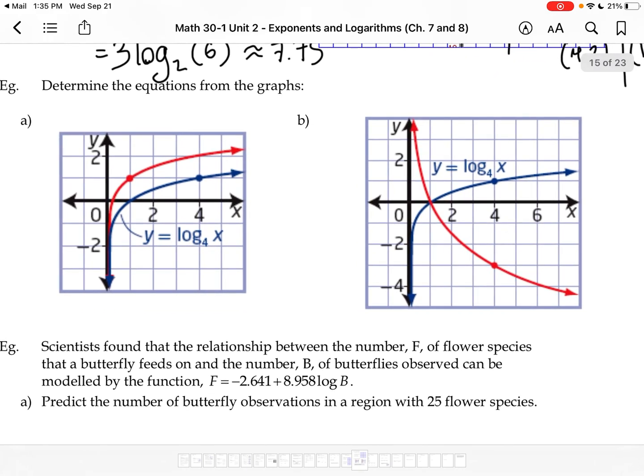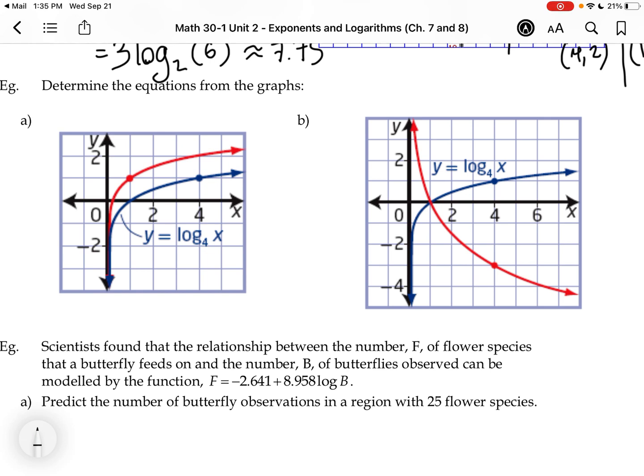Okay, so we are going to look now at some graphs and try and figure out if we can determine the transformations. Okay? So looking at this first one, there's actually 2 ways of doing it. And we're going to come back to this example tomorrow when we look at laws of logarithms.